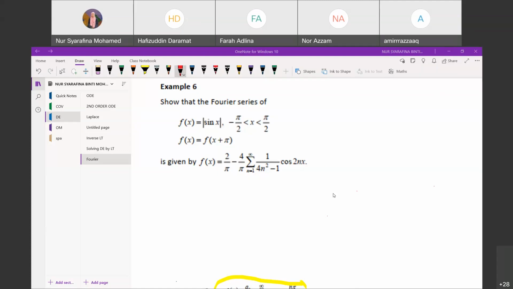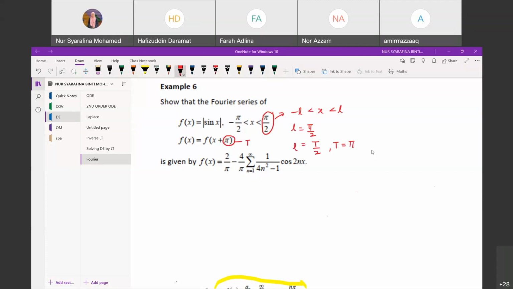Yes, it is pi over 2, right? Because the range given here is in terms of negative L to L. So this is your L, and L is pi over 2. And you know that L equals T over 2, so T equals pi, as given here.